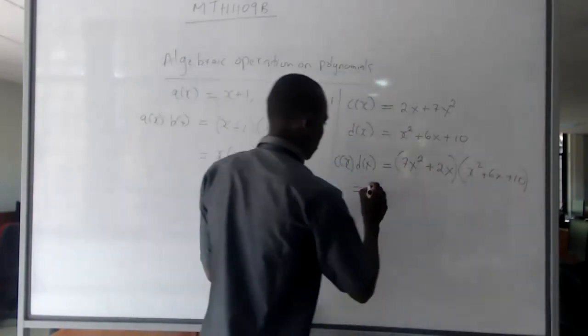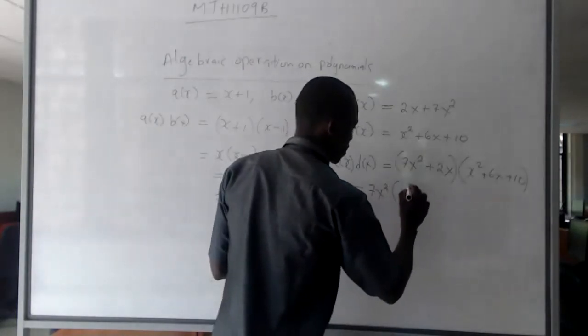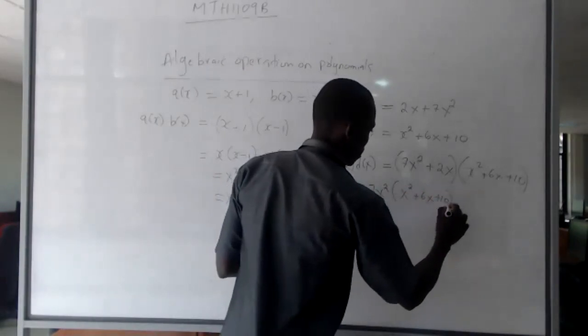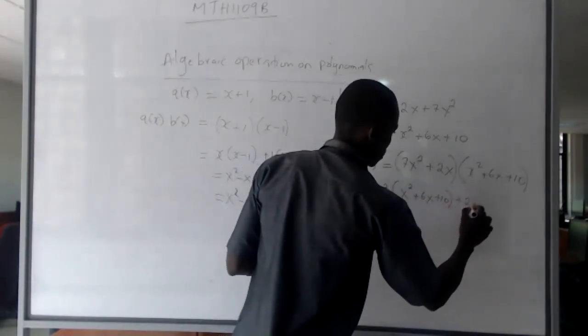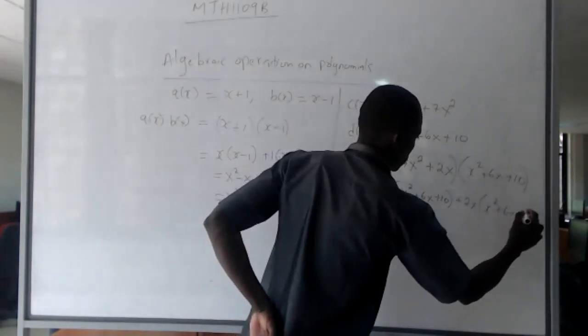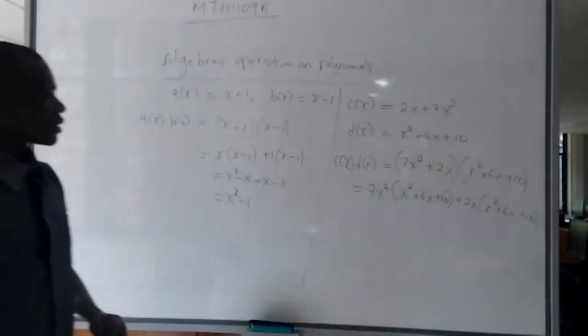So we take the first term 7x squared and multiply it by all the terms of the second polynomial, plus 2x times (x squared plus 6x plus 10). That is your first step.